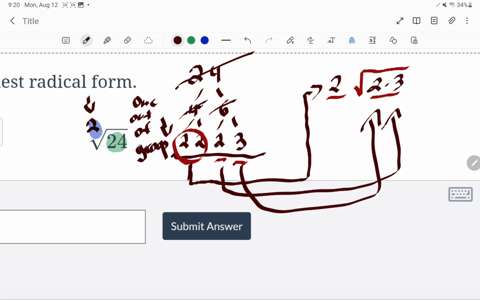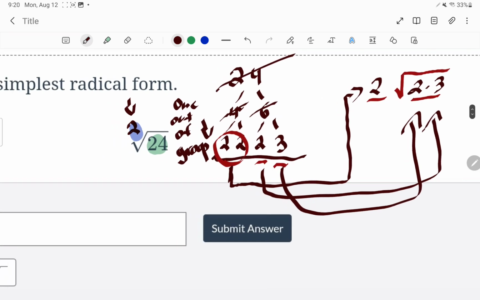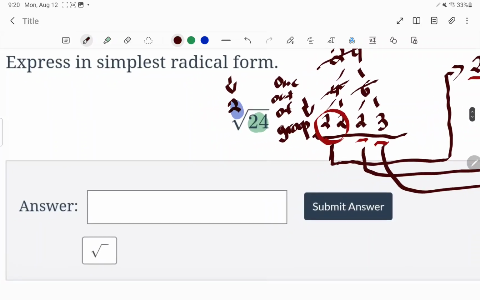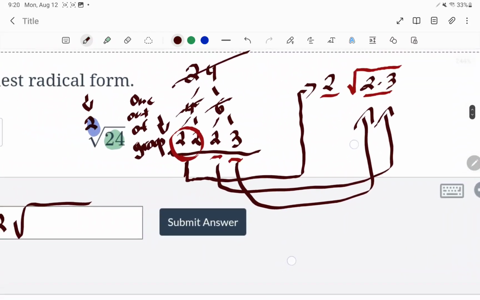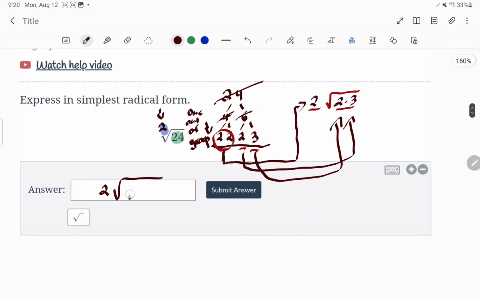If you have multiple numbers on the inside or on the outside, you have to multiply. We leave the outside alone, so my answer is 2 and then the square root, and I multiply the 2 and the 3, so it's 6. Pretty easy, and that's how you simplify a radical.